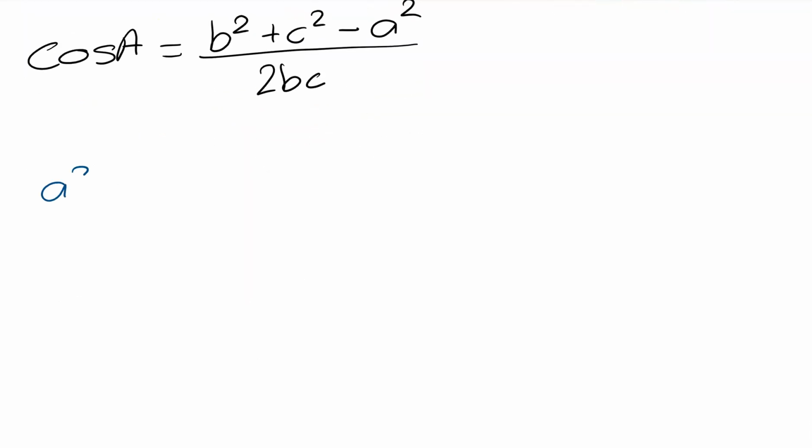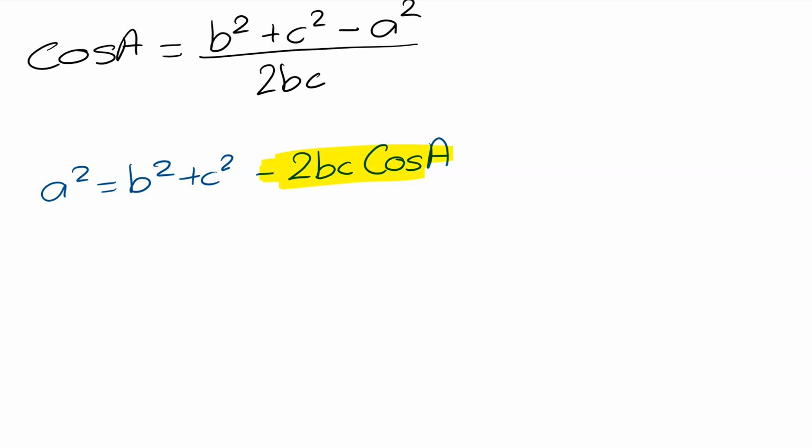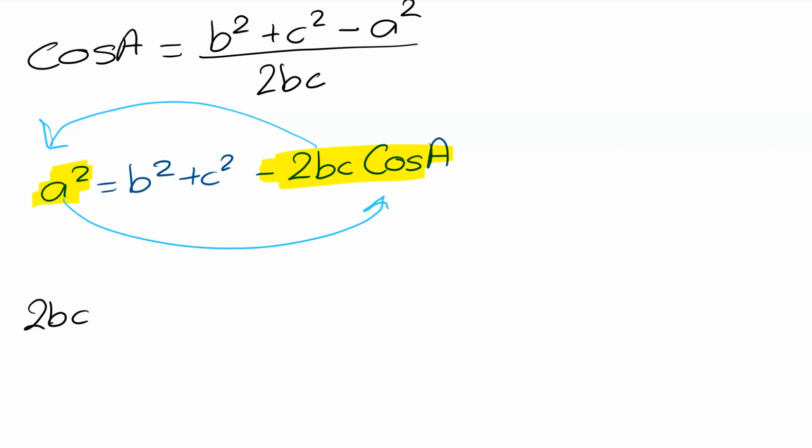If we've got a squared equals b squared plus c squared minus 2bc cos A, I'll take this term over here with the negative to the other side, and bring a squared to the other side. What I will get is positive 2bc cos A equals b squared plus c squared minus a squared.